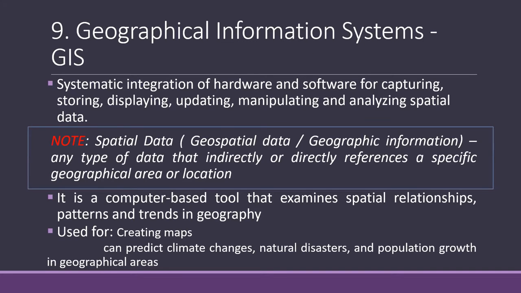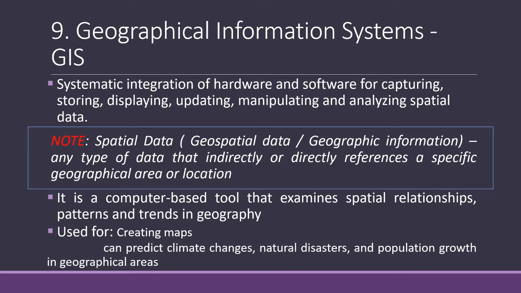Next one is the geographical information system. So simply we call it GIS. These GIS systems also can be software, or hardware and software both. They are made for capturing, storing, displaying, updating, manipulating, and analyzing spatial data.